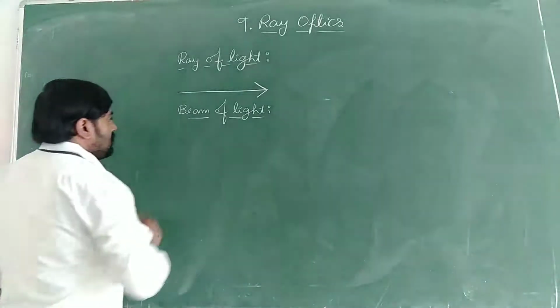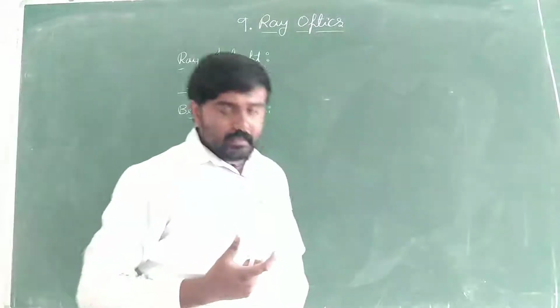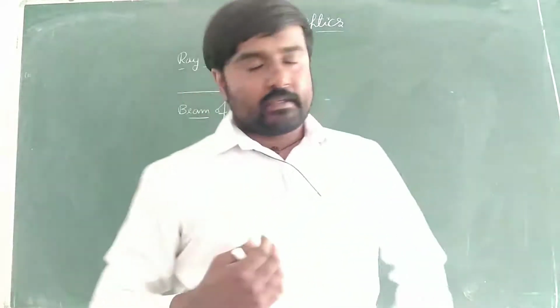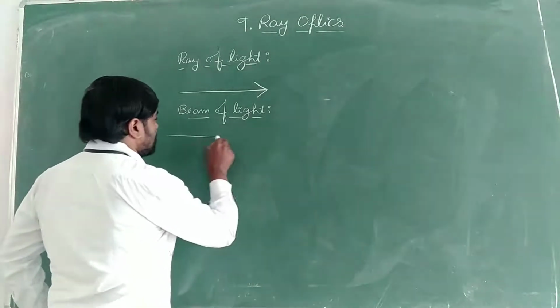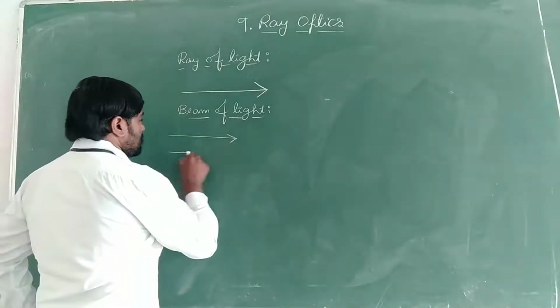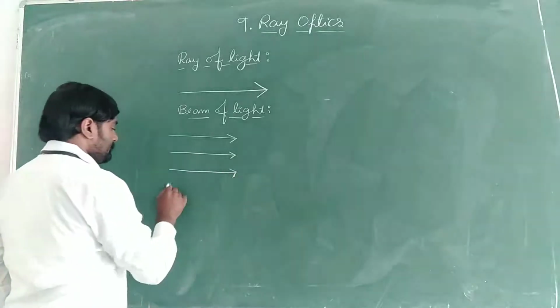A beam of light is of three different types. One is the parallel beam of light. This is a parallel beam.